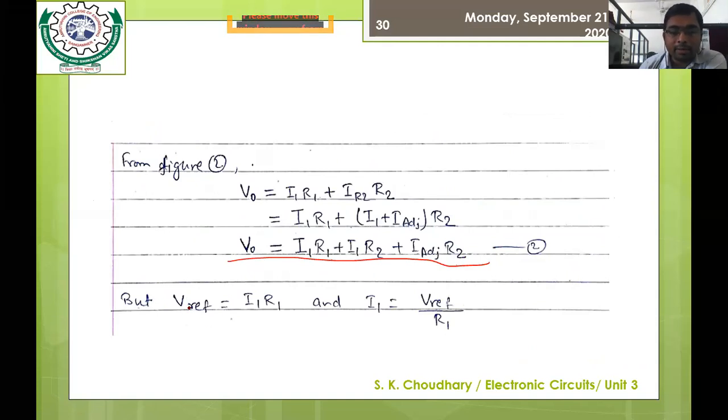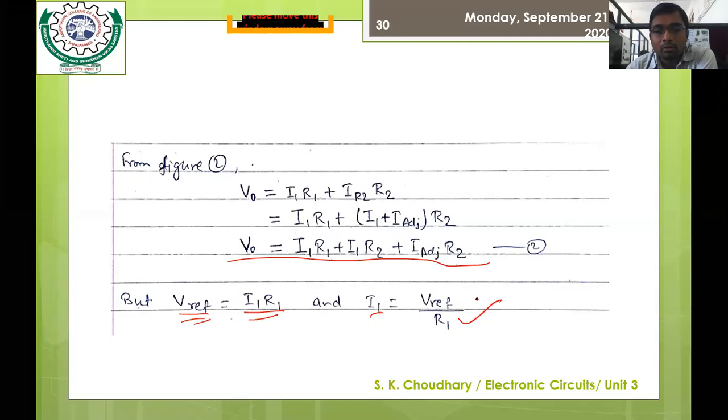From the circuit diagram, it is very clear. V reference is the voltage drop across R1. So V reference is equal to I1 R1, so I1 is V reference upon R1. Now substitute the value of I1 R1 and I1 in equation number 2.